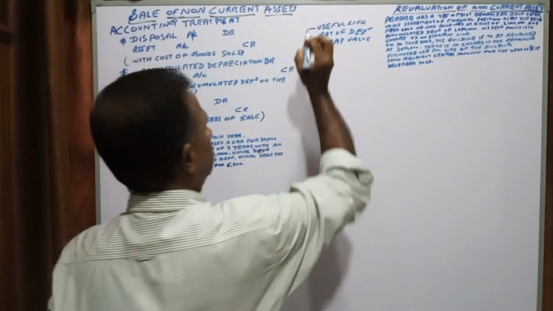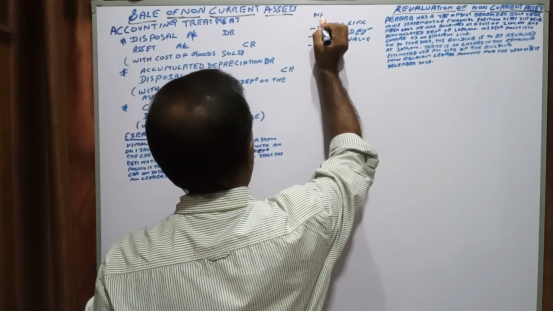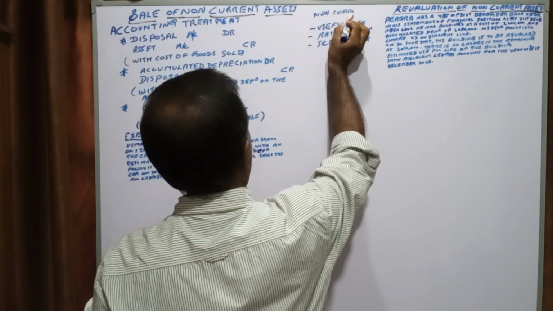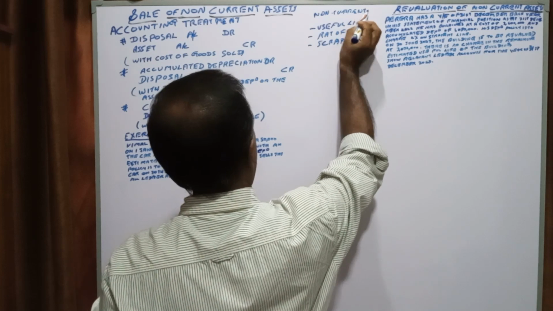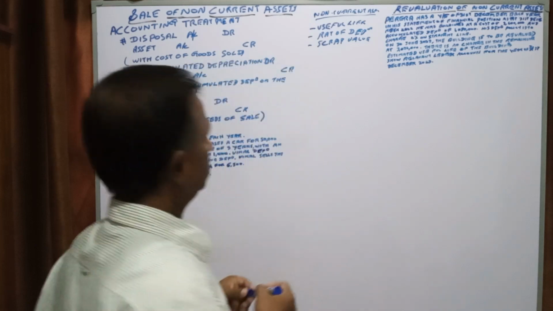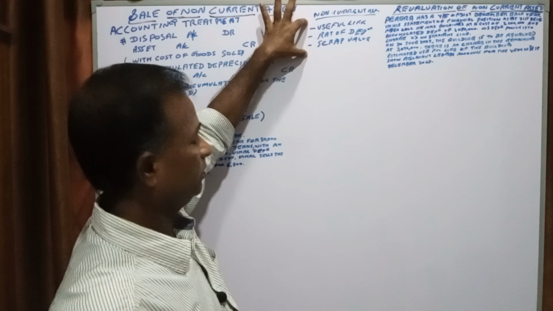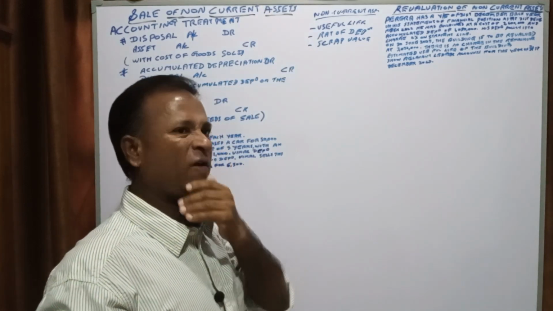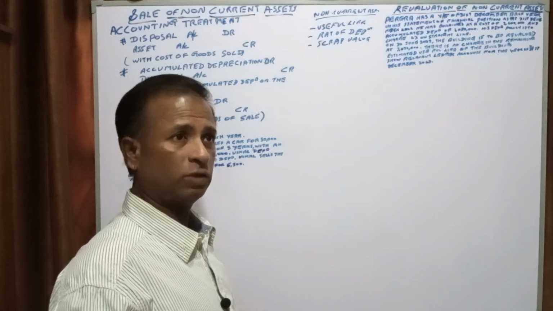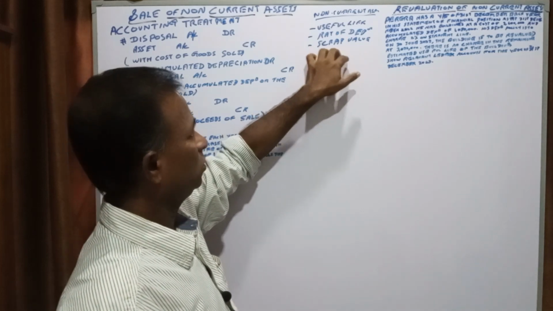This is for non-current assets. Useful life means the non-current assets won't have a lifetime usage.